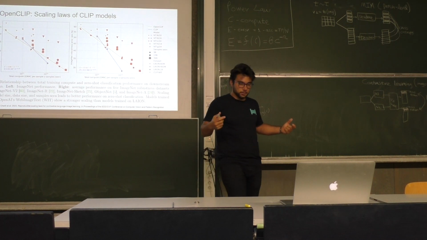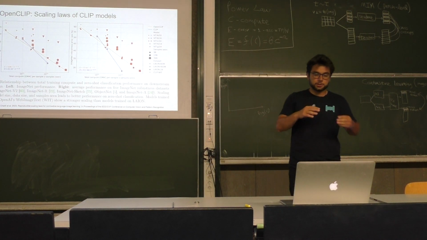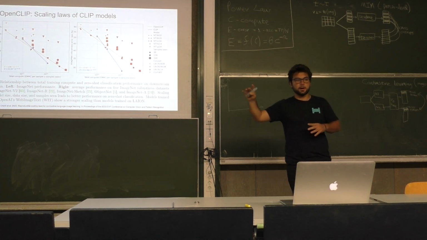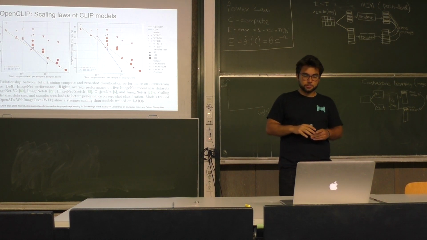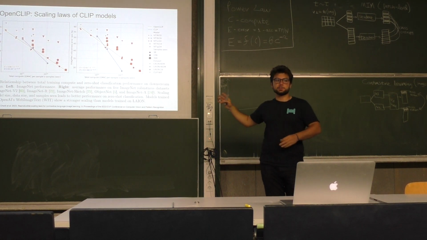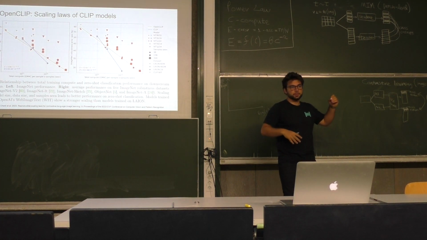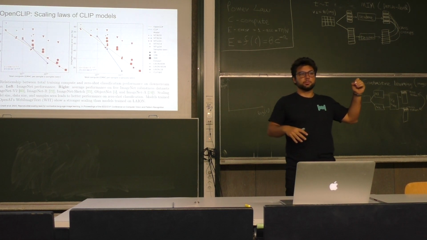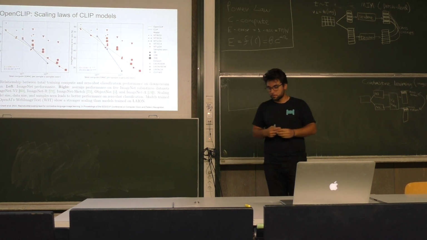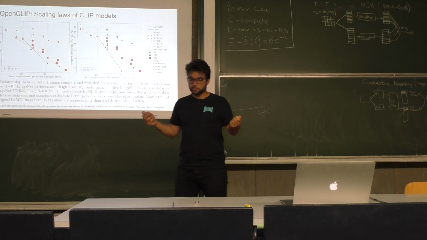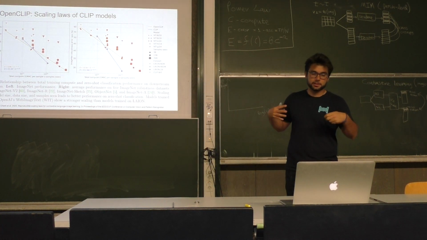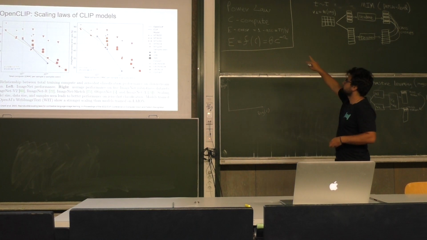They try to see if you scale up on compute and models, so larger models and larger computing power, if you can have a linear trend, at least on the log scale, in terms of the zero-shot performance on ImageNet. This type of predictions or trends, discovering these trends, is called in the literature power laws, what I write here.